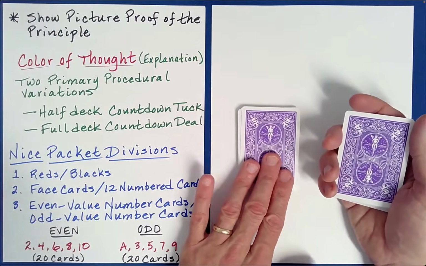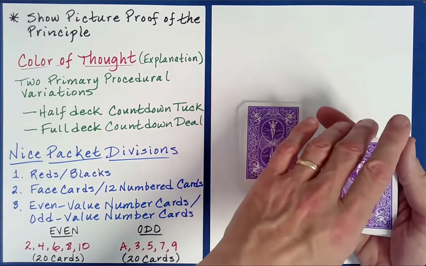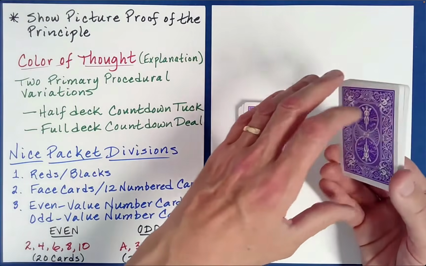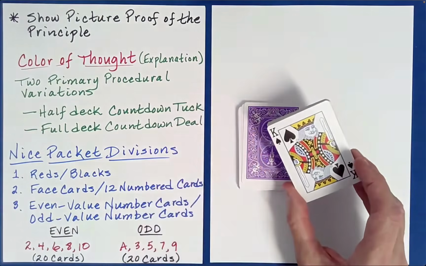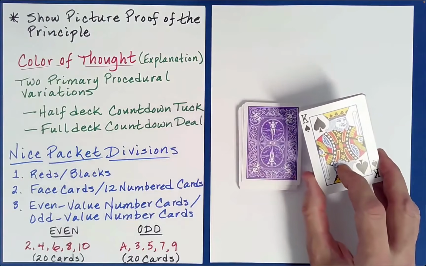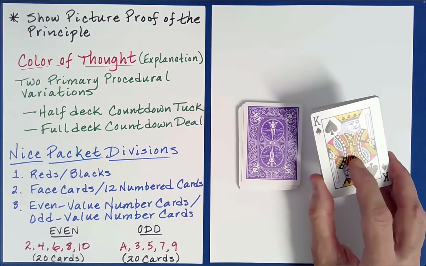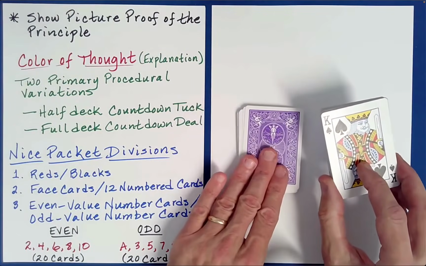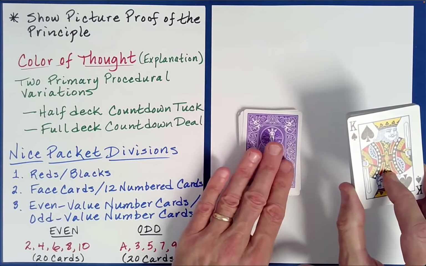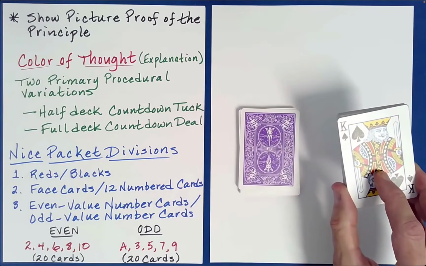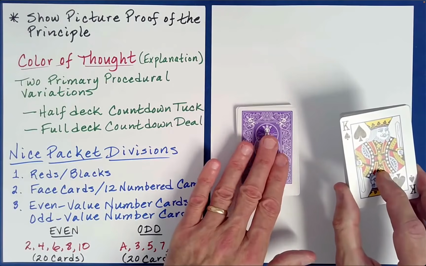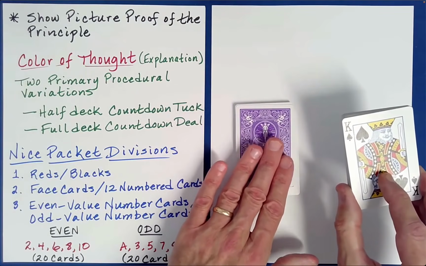Well, a consequence of that is the following. The bottommost black card, which happens to be a king of spades, will be in the position determined by the number of red cards here, right? So think about it. Let's say there are 14 red cards in here.